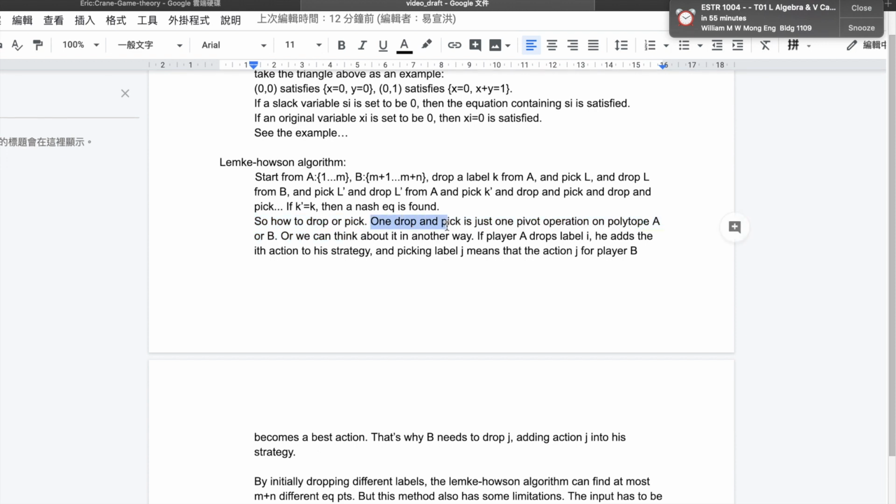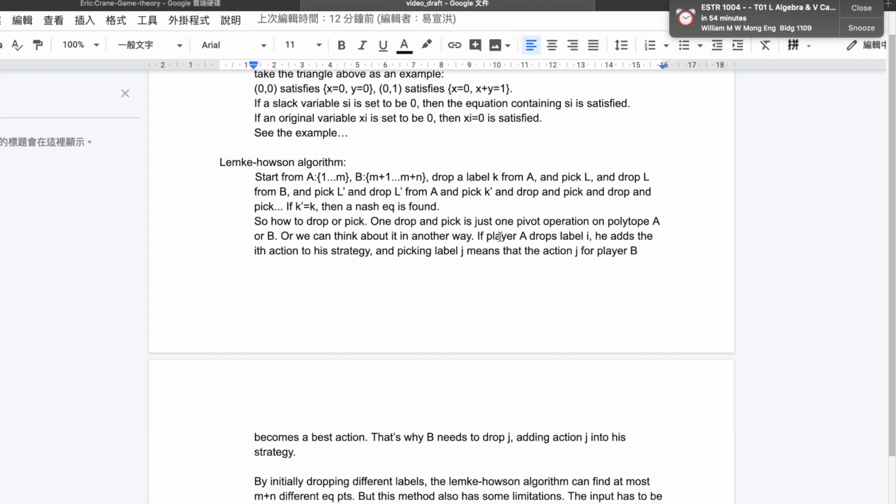One drop and pick is just one pivot operation on polytope A or B. Or we can think about it in another way. If player A drops label i, he adds the i's action to his strategy. If player A has label i, then the probability for action i equals to 0.